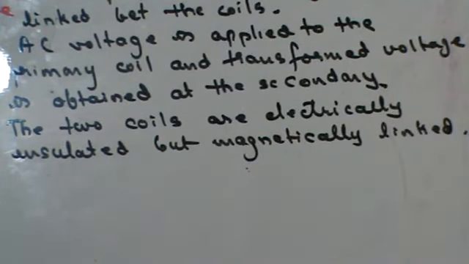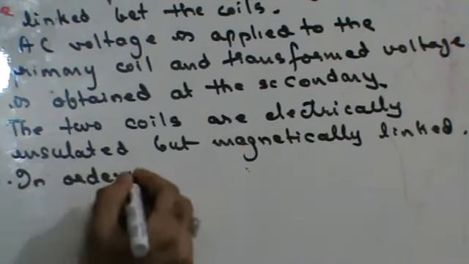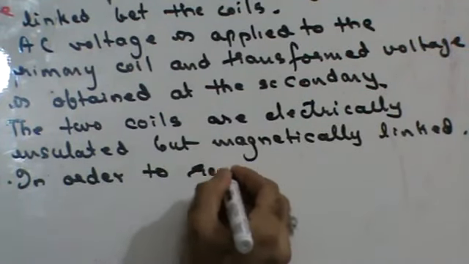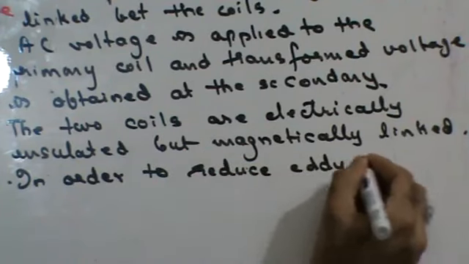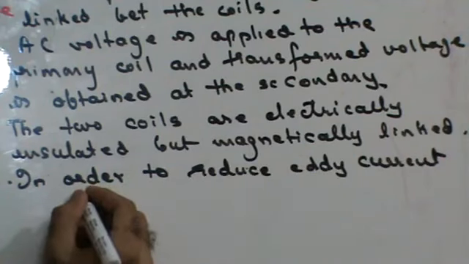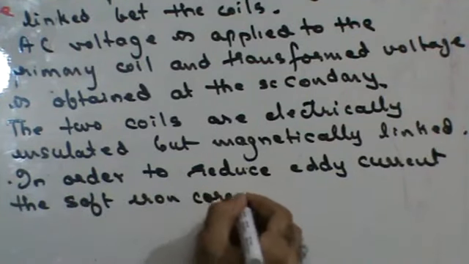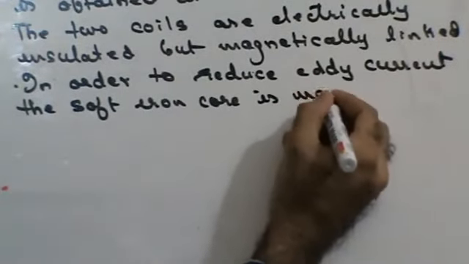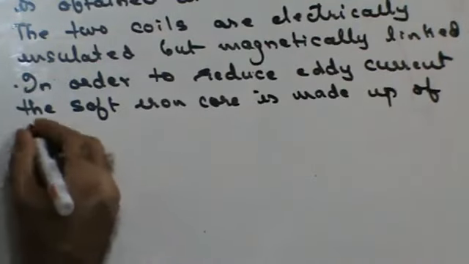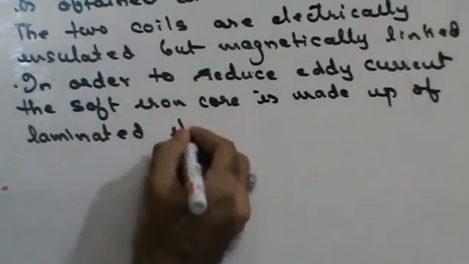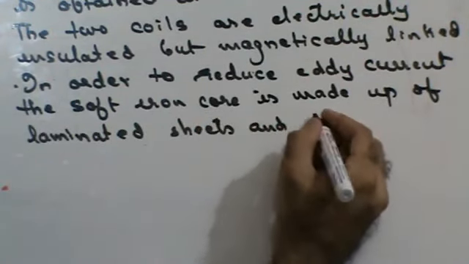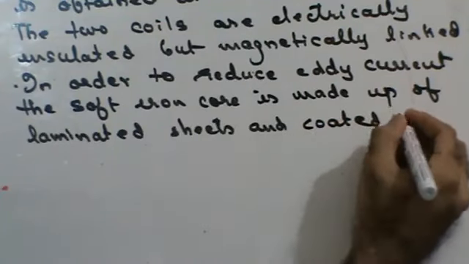And in order to reduce the eddy currents which will produce excessive heat, the soft iron core is made up of laminated sheets and coated with an insulating varnish.